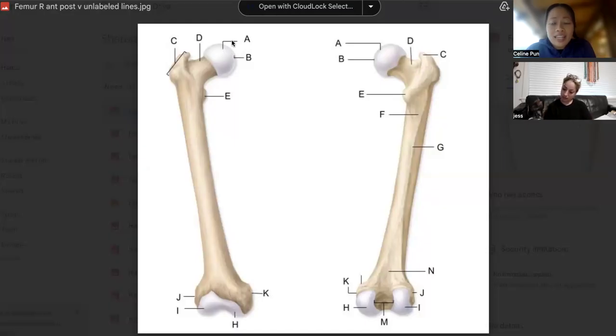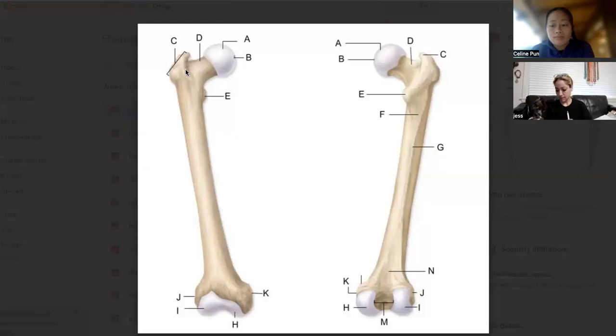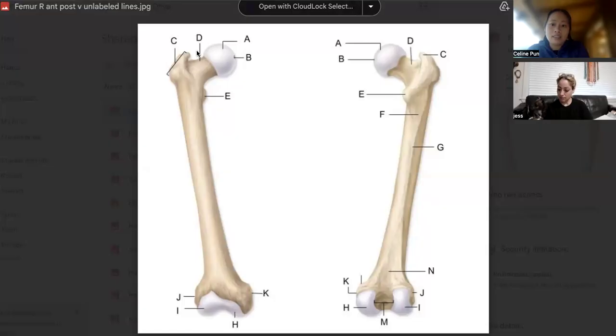Okay. What is A? A is the head. B? The fovea. C? Is that the greater trochanter? Yep. And then what's E? The lesser trochanter. And what is D? The neck.